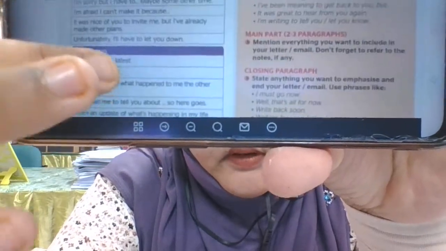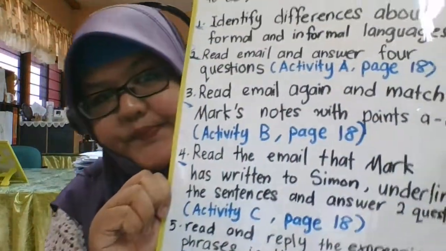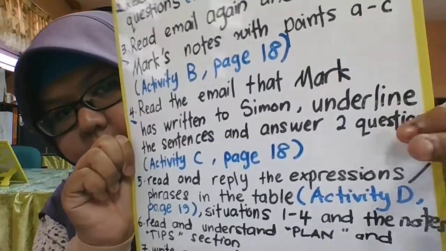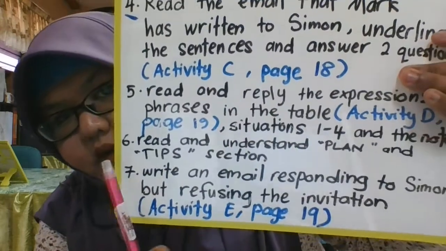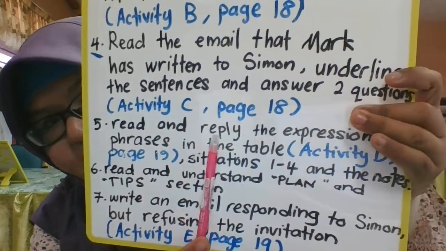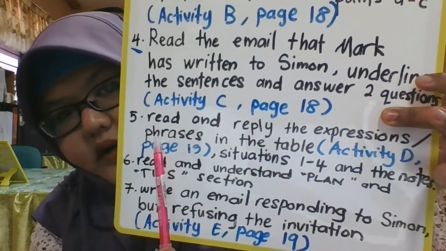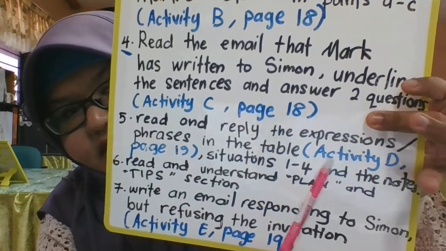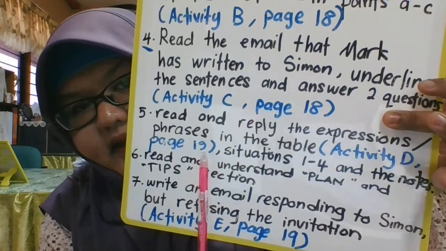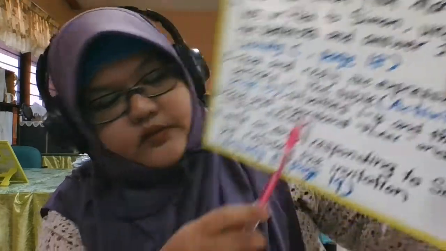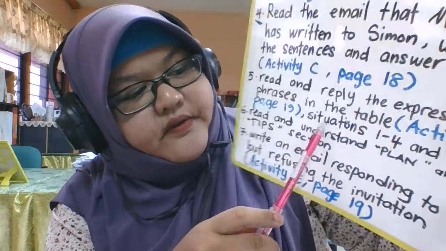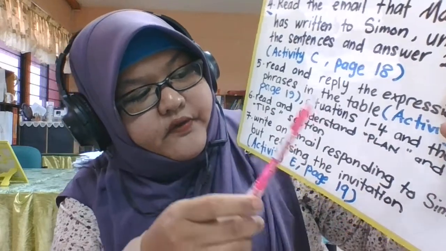Now after you had read these phrases or expressions in the table, let's look back at here. So you need to read and reply, perlu baca dan jawab the expressions or the phrases in the table, which is activity D on page 19. You need to read situations 1 to 4 and the notes.